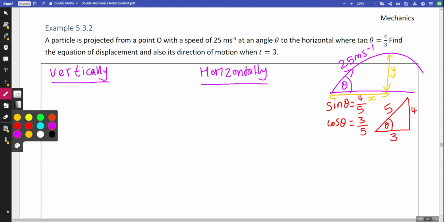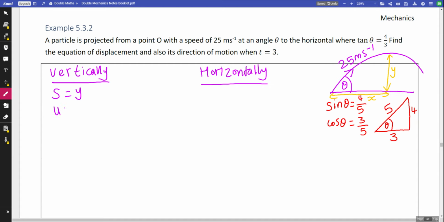So vertically we know that the displacement is y. The initial velocity is 25 times sine theta. And we know that sine theta is 4/5. So we know that the initial vertical velocity is 20 meters per second.